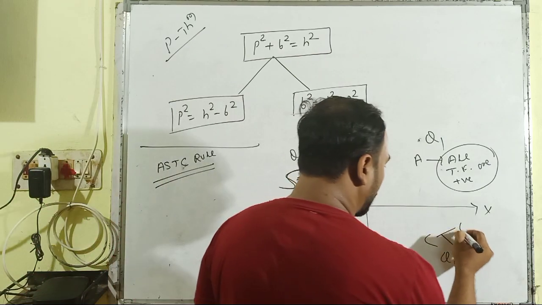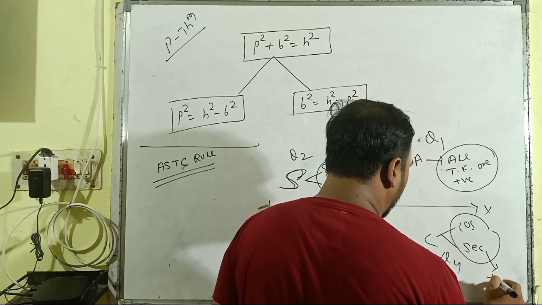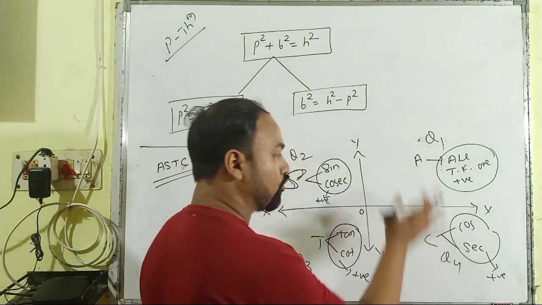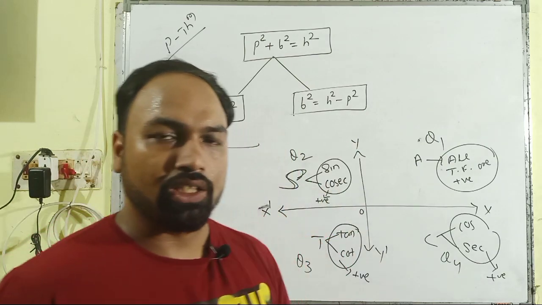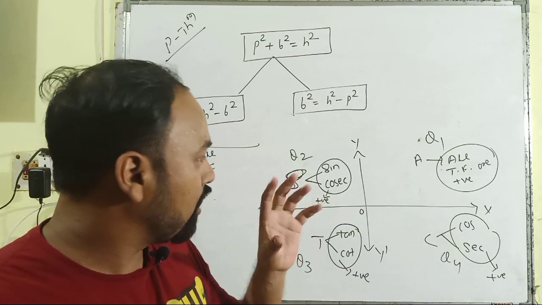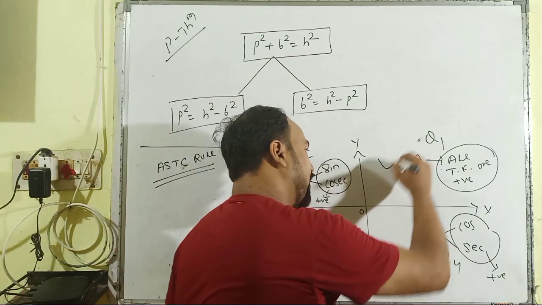Similarly, cos and its reciprocal sec are the 2 trigonometric functions that are positive in the 4th quadrant. But in this particular session, we are just evaluating the values of all the trigonometric functions in the first quadrant.